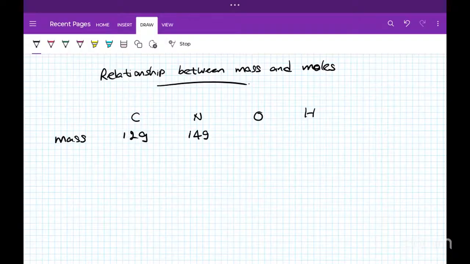Relative atomic mass of oxygen is 16. Exactly 16 grams of oxygen. You are taking in terms of grams, not in kilograms. You take exactly 1 gram of hydrogen. All of these is 1 mole.